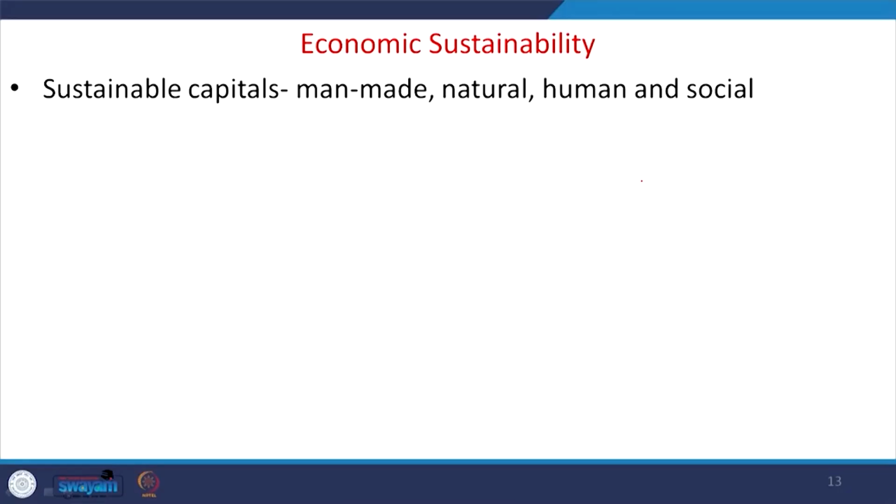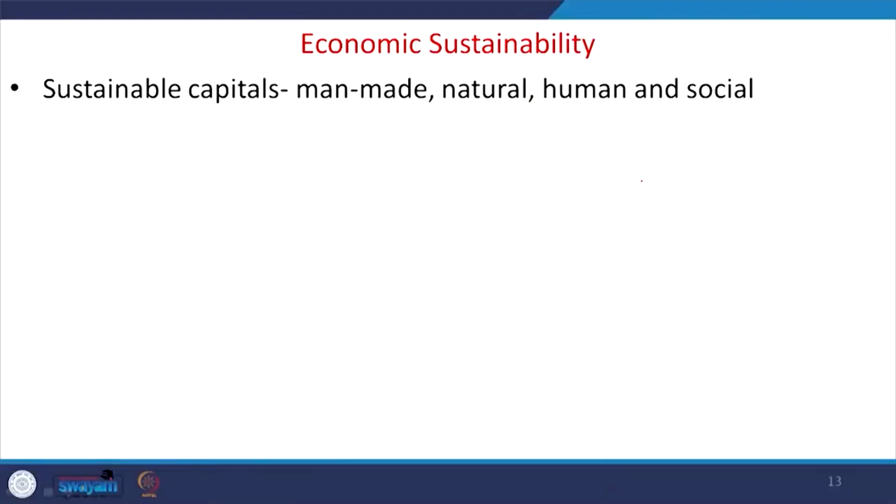Now let us talk about the second pillar of sustainability, that is economic sustainability. So what is the meaning of this economic sustainability? It must be interpreted, it must be understood in terms of the economic terminologies. So they are the sustainable capitals.